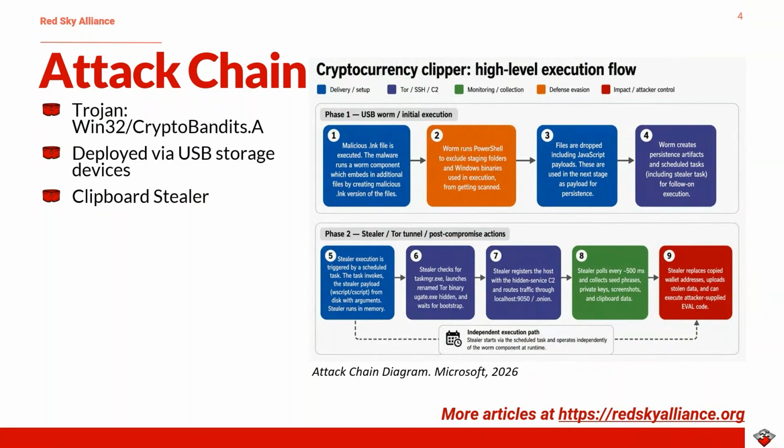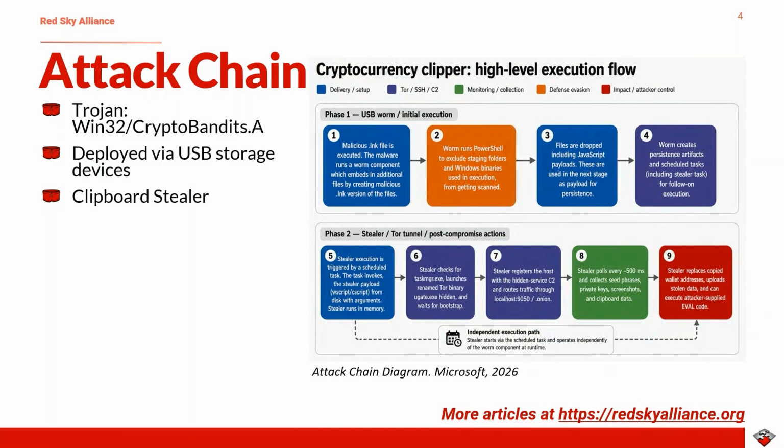The worm works by creating additional malicious shortcut links of legitimate files found on the device. It delivers file-based payloads and excludes them from Windows Defender scanning. In addition, the worm component deploys scheduled tasks for execution and persistence for both components.